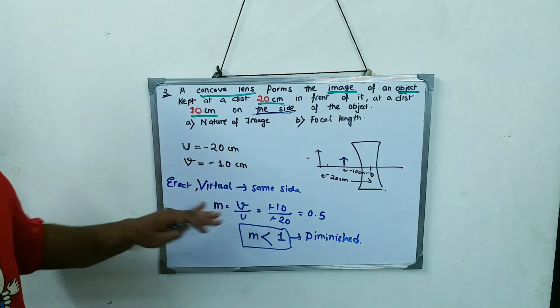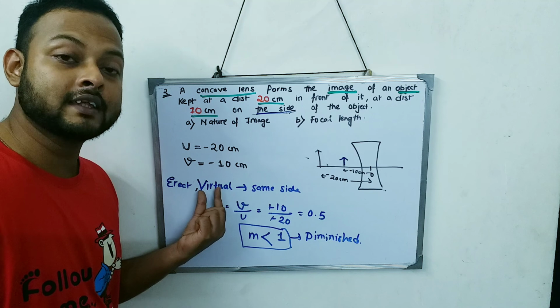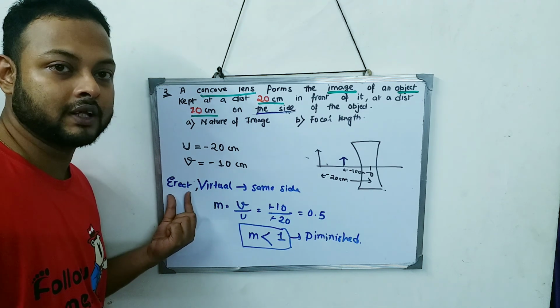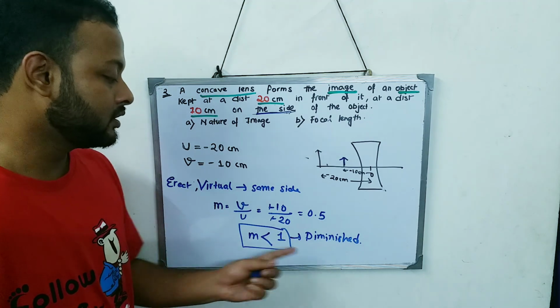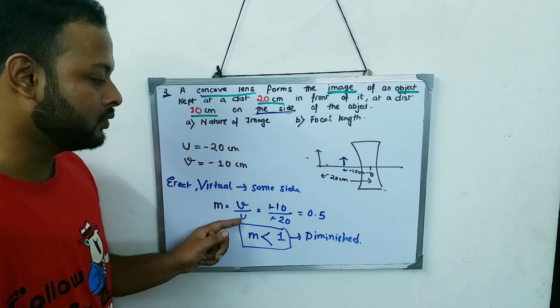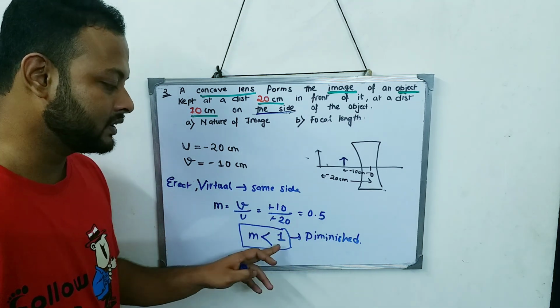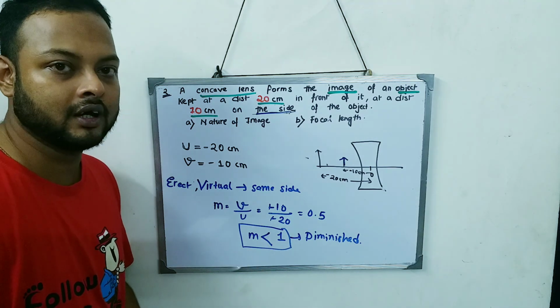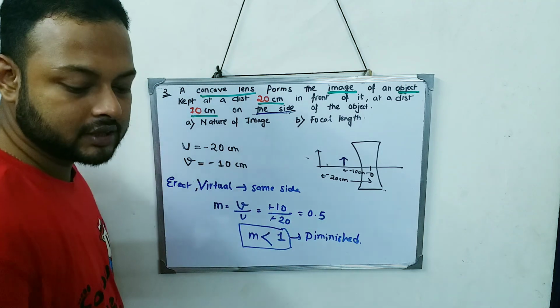So I hope you understood. As it is on the same side, it is a virtual image, and all virtual images are erect in nature. We know this from class 7-8 onwards. And to know whether it is diminished or magnified, just use the formula m is equal to v by u. You get the value of m as 0.5, which is less than 1, so the image is diminished in nature.